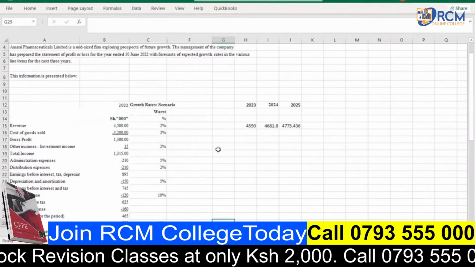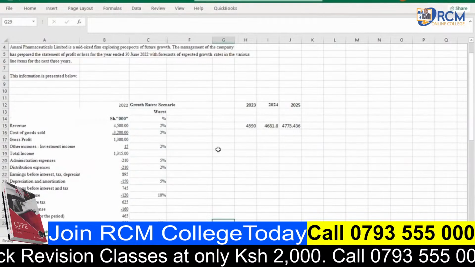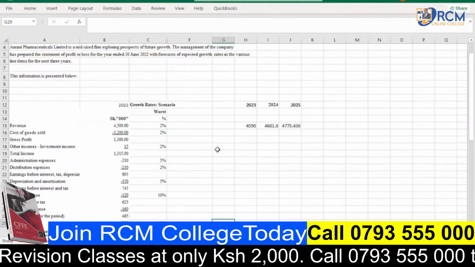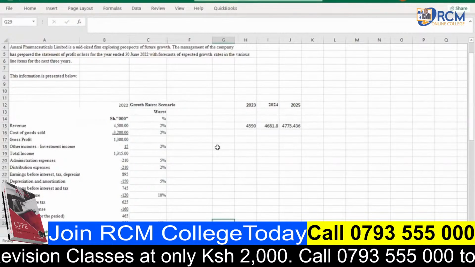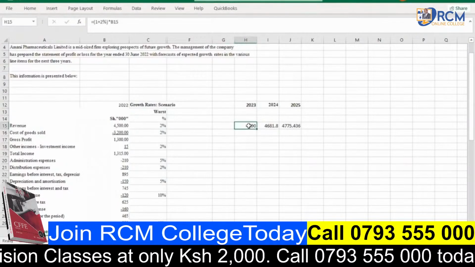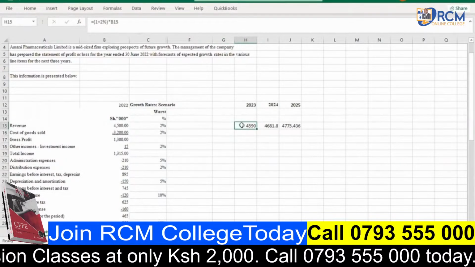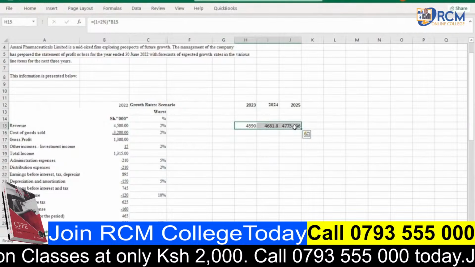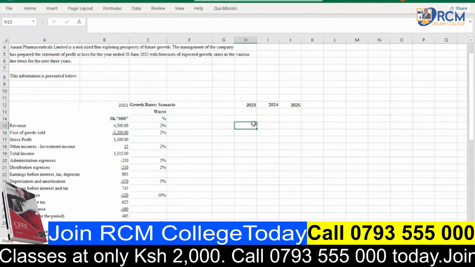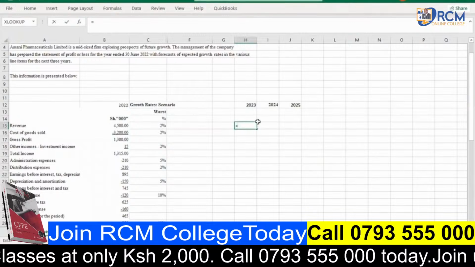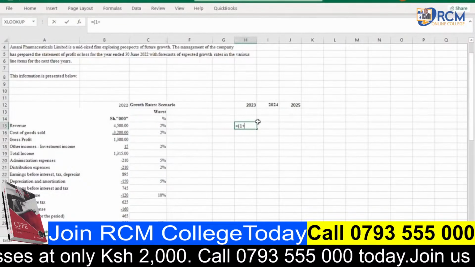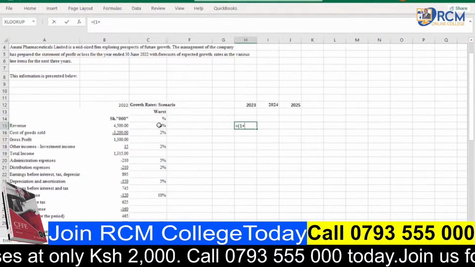If it is 3 scenarios, we use 2022 base value. So is that a question? But let's see. Now we want to see if they are going to have the same thing as these ones here. So our revenue for 2023 will be equal to, close the bracket, 1 plus, all revenues are going to increase by 2%.